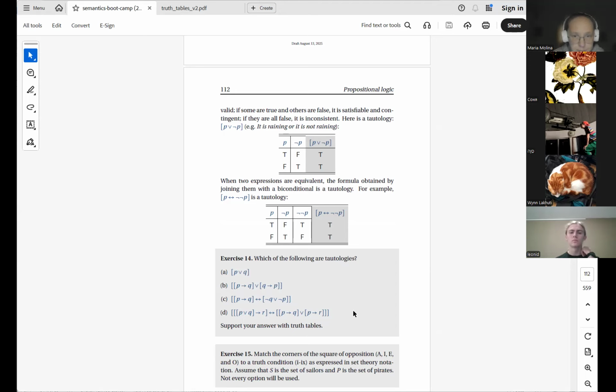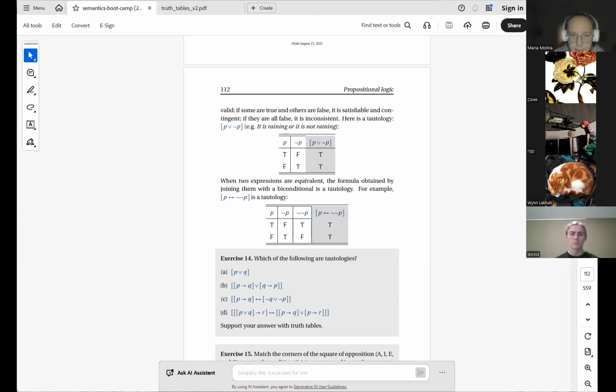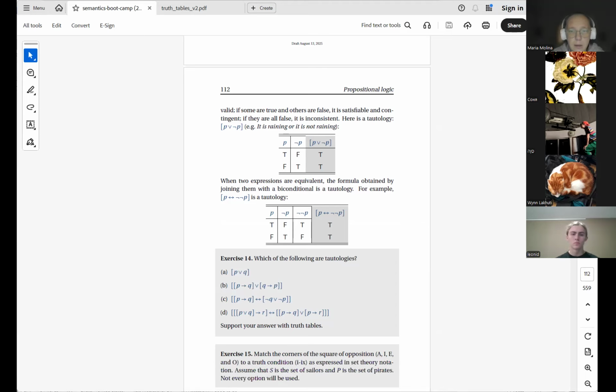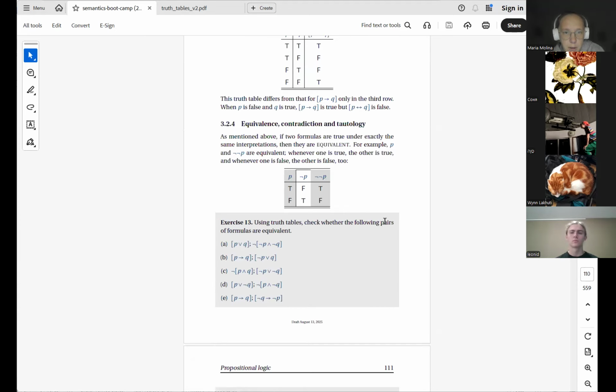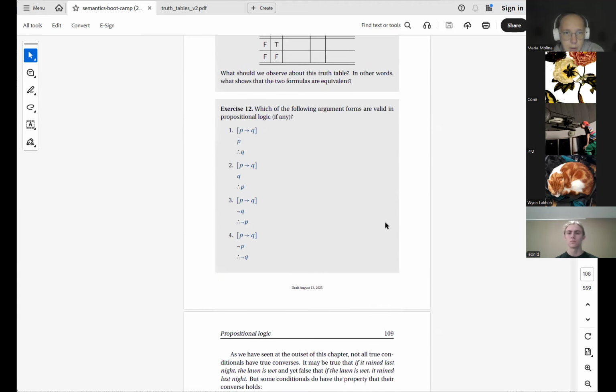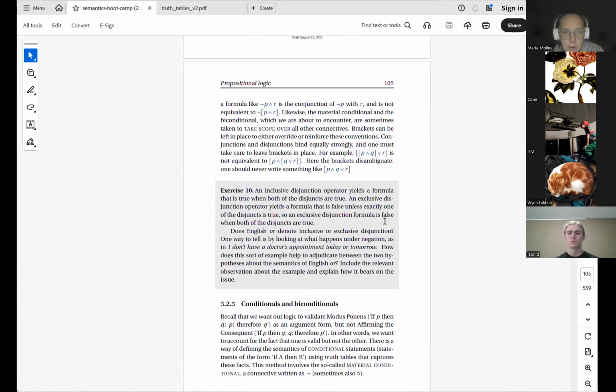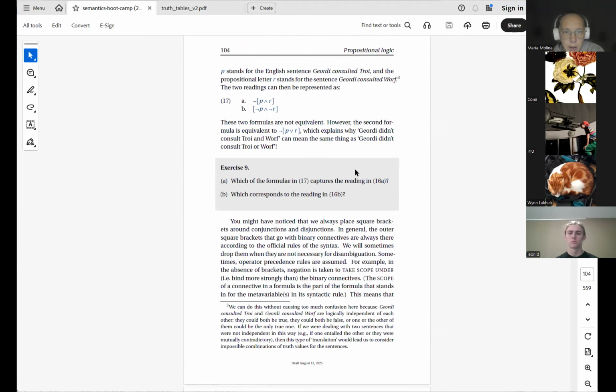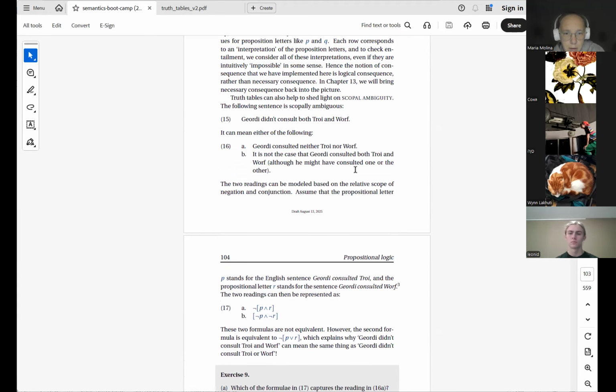Right. What about D? Are there false? We've got R here, which is, remind me what we called R. Propositional letter R stands for the sentence Geordie consulted Wolf.